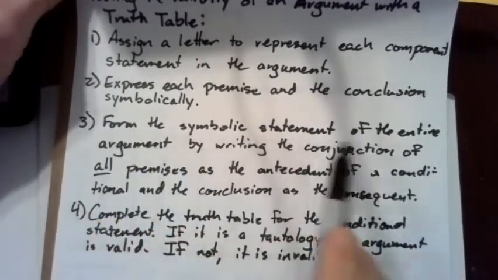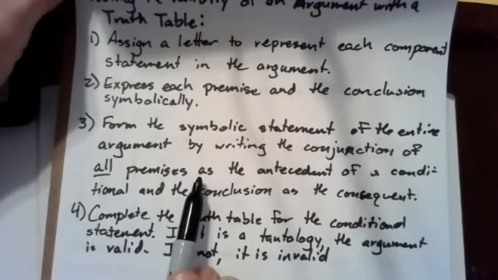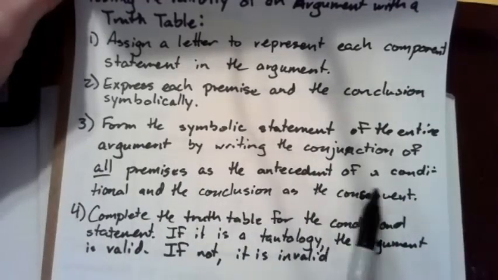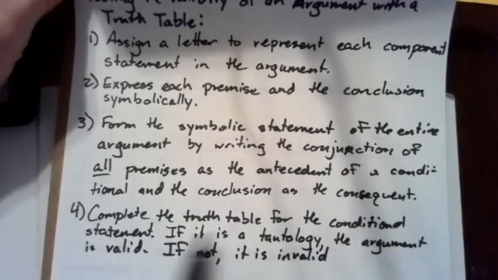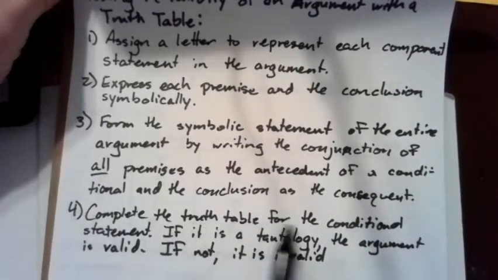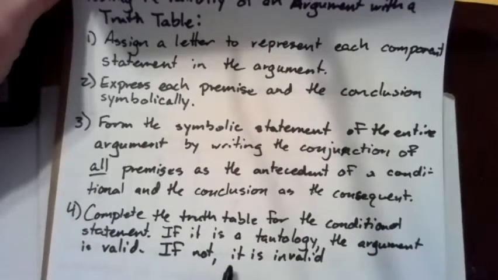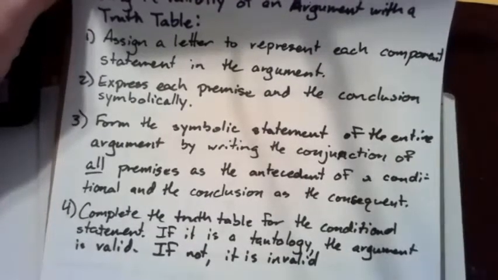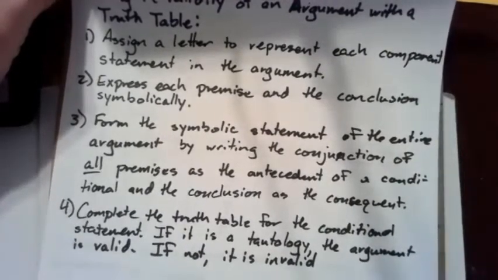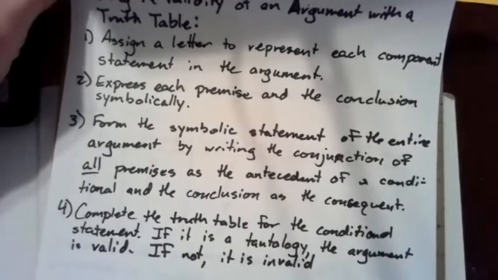We form the symbolic statement of the entire argument by writing the conjunction of all premises as the antecedent of a conditional and the conclusion as the consequent. And then we complete the truth table for the conditional statement. If it's a tautology, the argument is valid, and if not, it's invalid. If at any point you get a false statement in that last column, then this is an invalid argument.